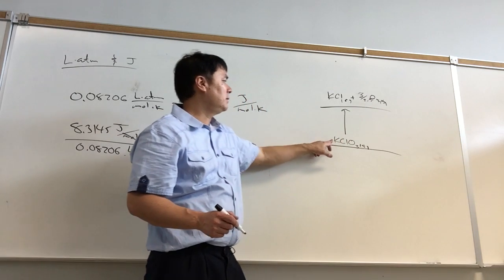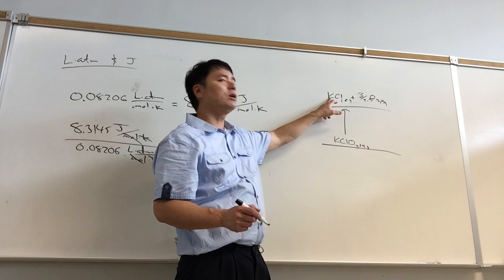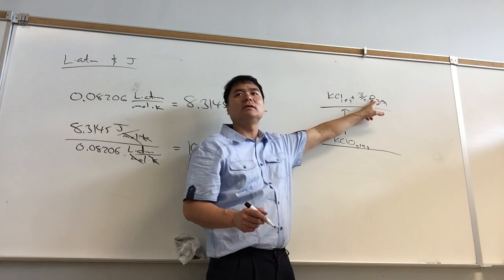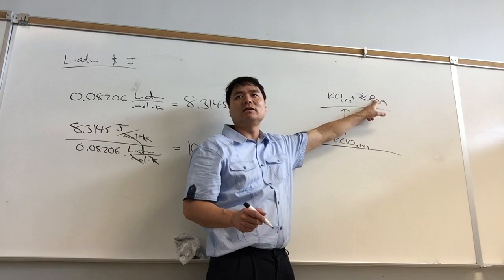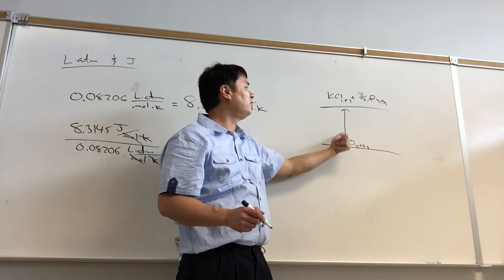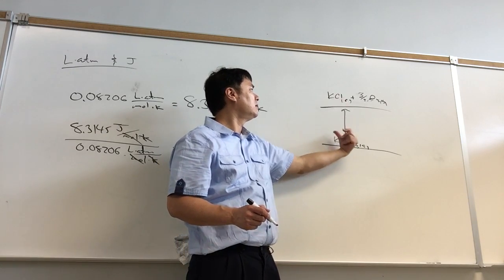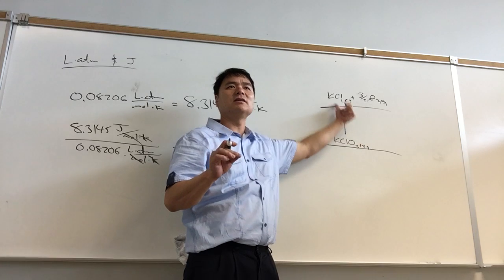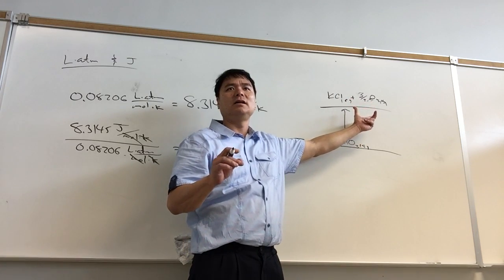So 60 milliliters, about 40 or 50 milliliters, 37,500 milliliters. So what we say is the volumes of the solids are small compared to the volume of gases.